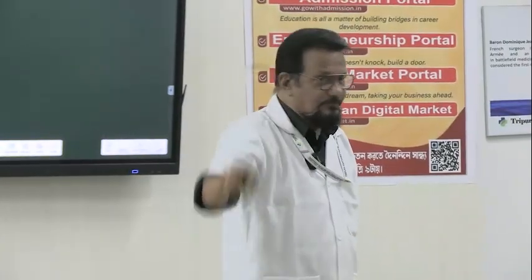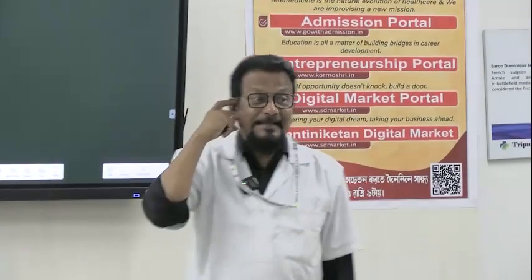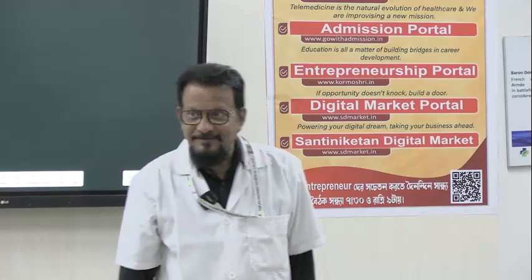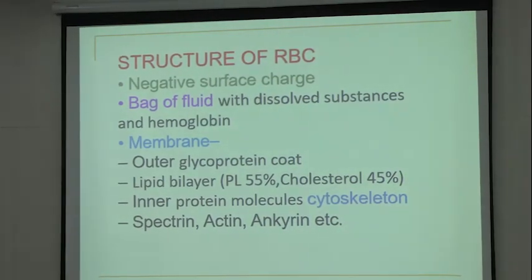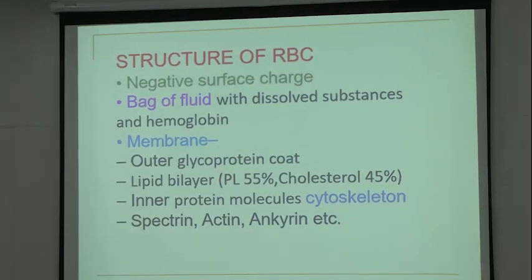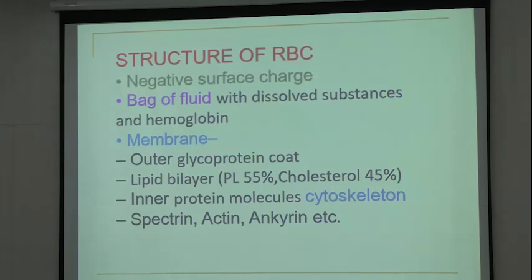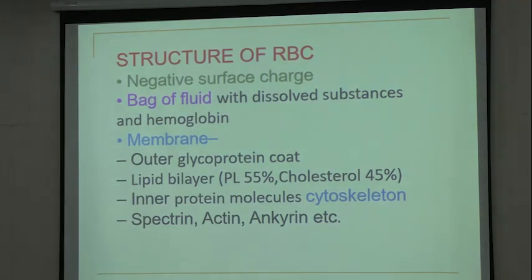Its outer surface is negatively charged. Is it helpful for the RBCs? Is it helpful for the RBC to be negatively charged? You are sitting, no? And nobody is displacing each other.